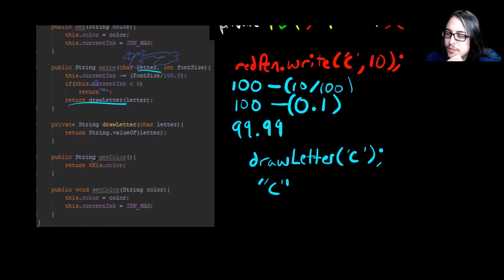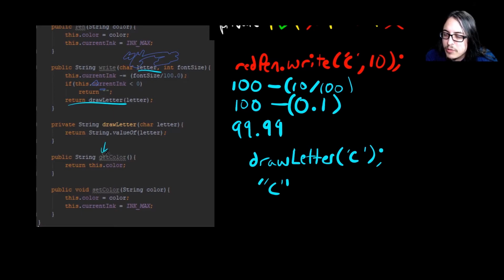Another public function, this is called a getter. A public function where all it does is return the value of some member variable. Public string get color, return this dot color. So this is all standard naming conventions. When it's the accessor, the one grabbing the value, then you prefix it with get.